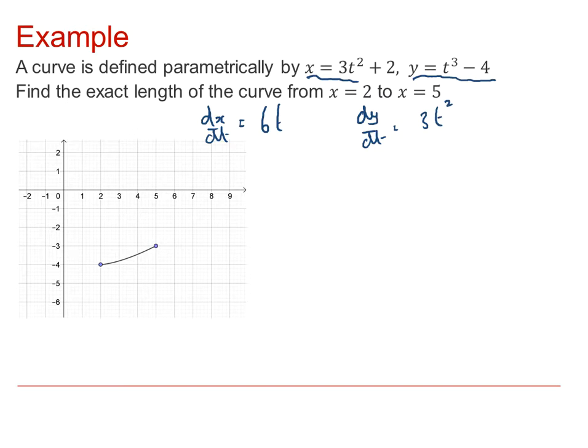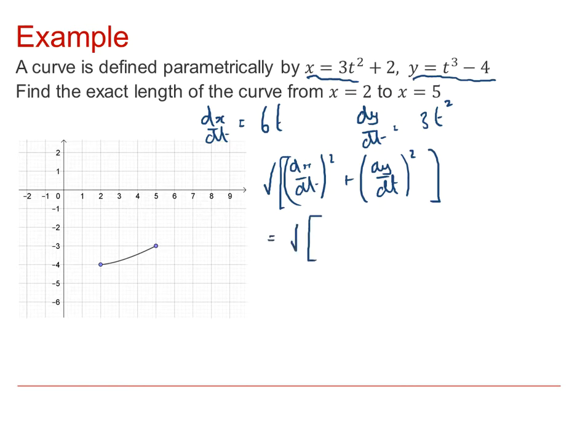So now we need to work out the square root of dx by dt all squared plus dy by dt all squared, and that is equal to the square root of, well, dx by dt all squared is 36t squared, and then dy by dt all squared is going to be equal to 9t to the power 4.